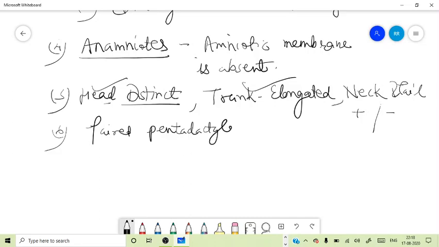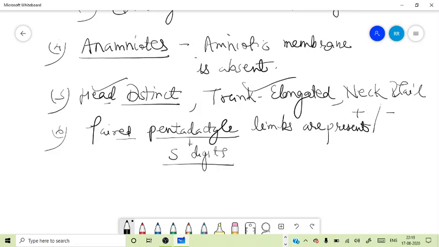As we all know, pentadactyl means 5 digits are present in limbs, or we can say 5 fingers are present in limbs, and limbs are paired.